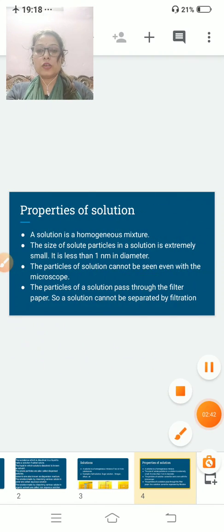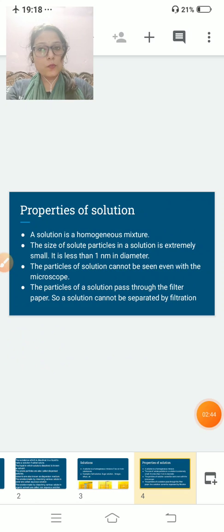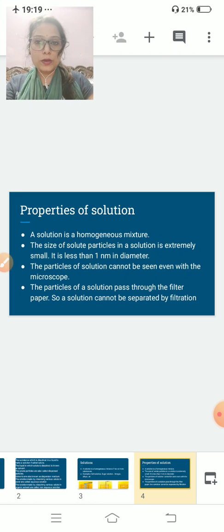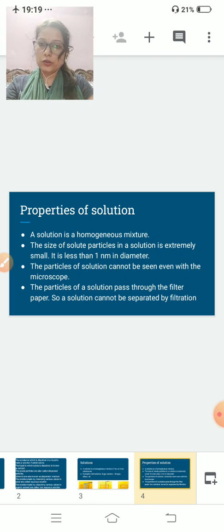Now, properties of solution. A solution is a homogeneous mixture. The size of a particle of solution is less than 1 nanometer in diameter. The particles cannot be seen even with a microscope.